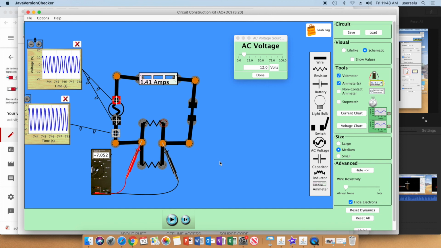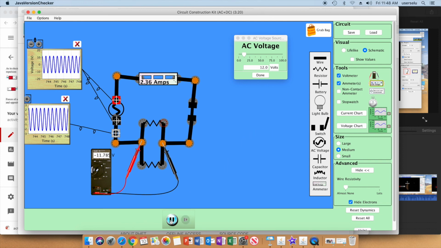So what would I expect then if I have a voltage of negative 7.052, and if I divide 7.052 by 5, I'm going to get a value of 1.41 amps, exactly what I see. So Ohm's law holds for parallel resistors in AC circuitry, just like it holds for DC circuitry.